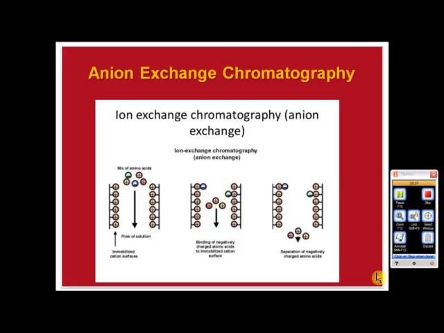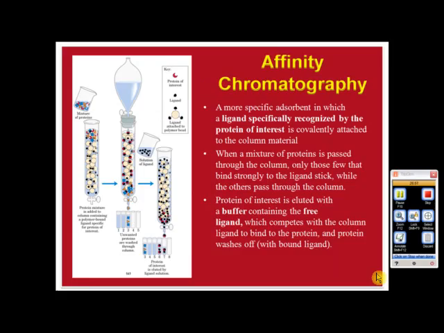The positively charged proteins are eluted out. They don't bind because like charges repel each other. The bound proteins can later be released simply by increasing the ionic strength. So this is about anion exchange chromatography.